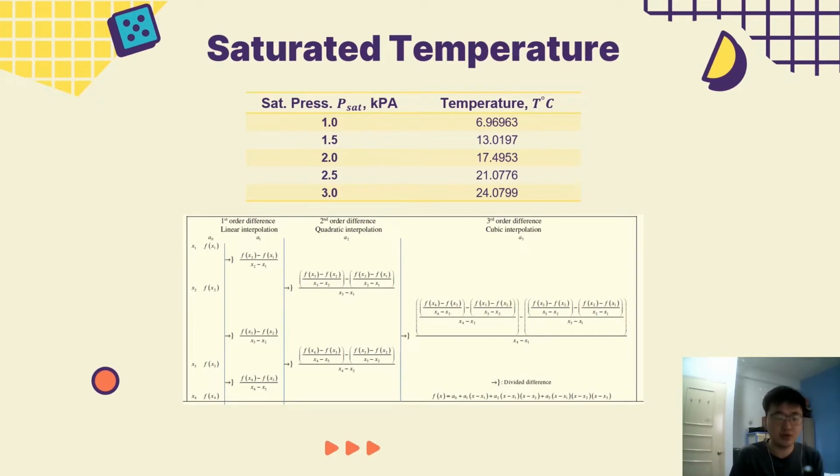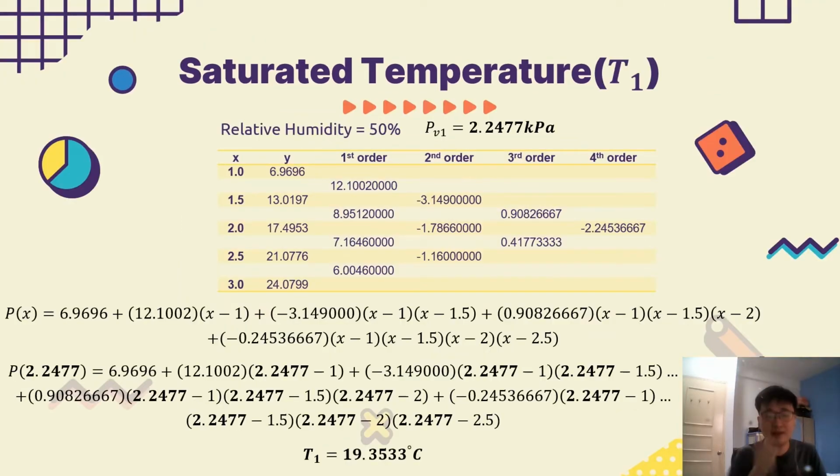The figures below show the Newton divided difference interpolating polynomials calculation method. For example, here is how to calculate the first order, second order, and also third order. Alright, now we will find the saturated temperature at T1 first.